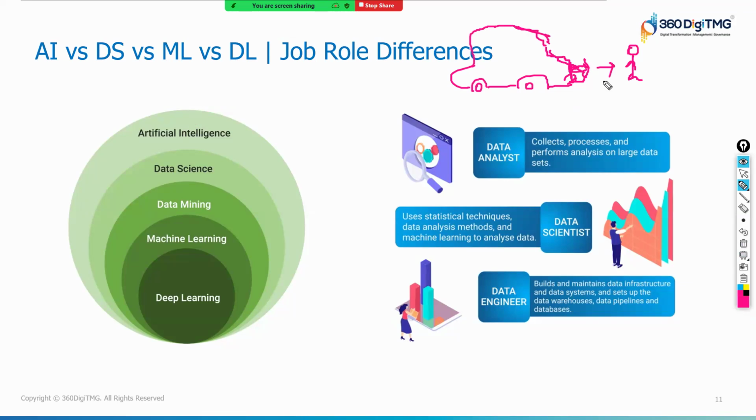Suddenly a pedestrian comes in front of this car. The car is moving at 50 kilometers per hour. Imagine you are driving it. What do you do if a pedestrian comes into the picture? You'll immediately apply the brake. That's what we humans do, right? That is the instant reaction that we get.